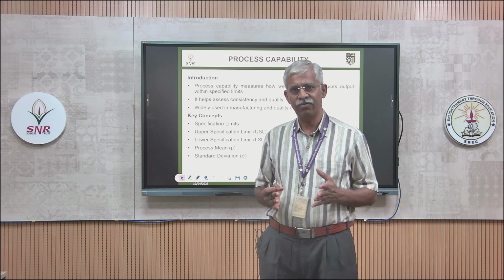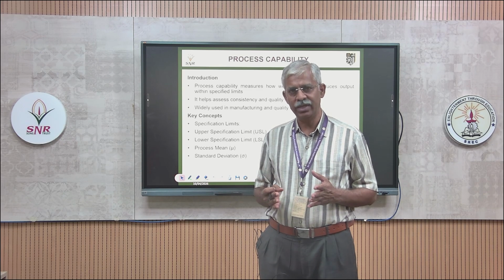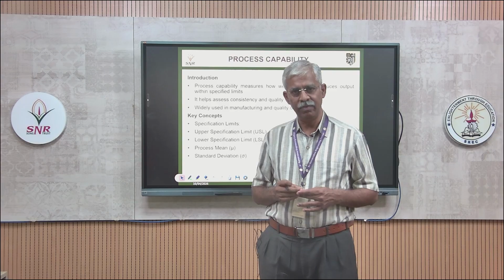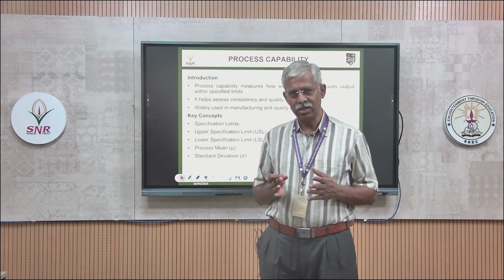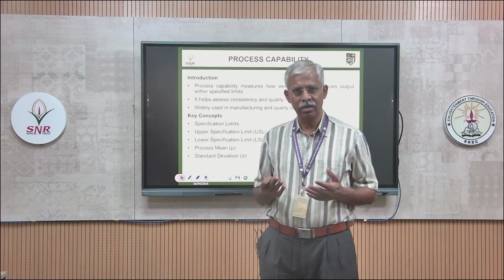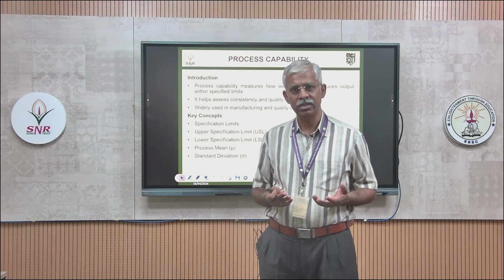It is easier for the manufacturer to produce a shaft within 51 millimeter or 49 millimeter. So the parts between 49 millimeter to 51 millimeter will be accepted as per our specification.